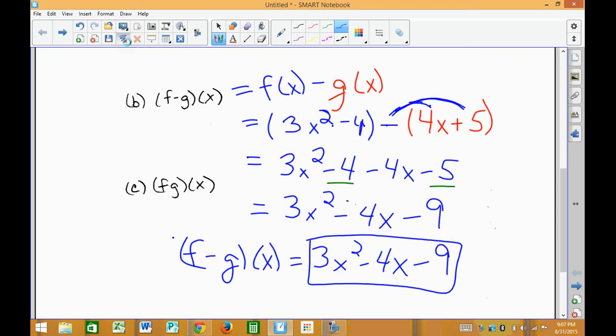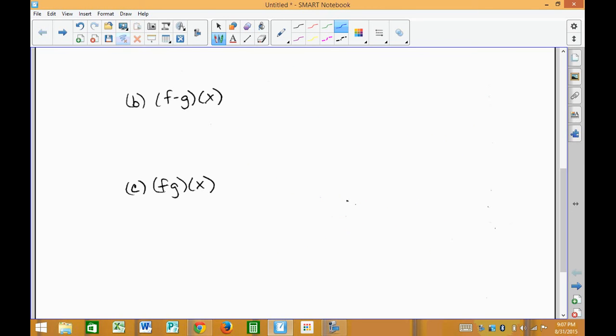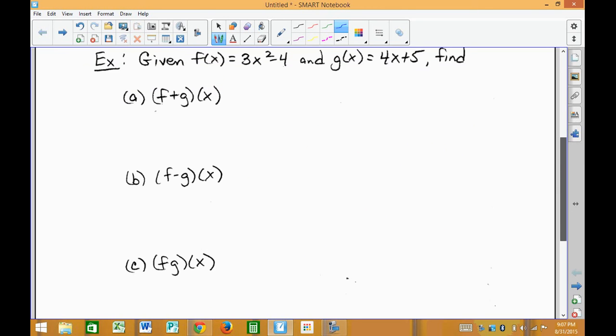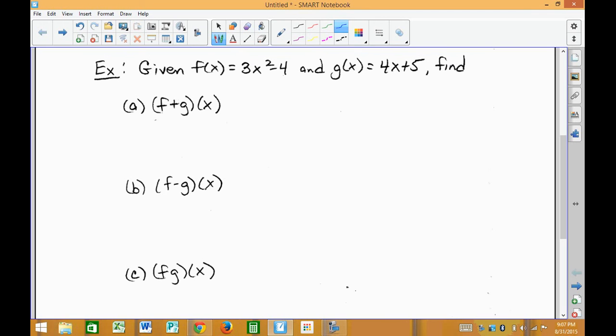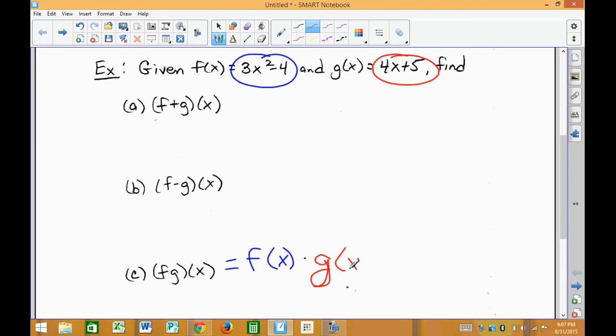Okay, let's take a look at the next one. Next case, we have f times g of x. We're going to use again the same f of x and the same g of x. So f times g of x is f of x times, which we often use a dot to represent multiplication, times g of x.